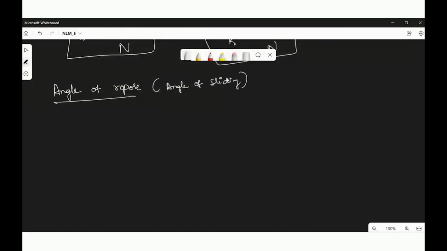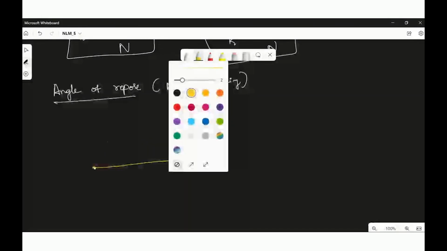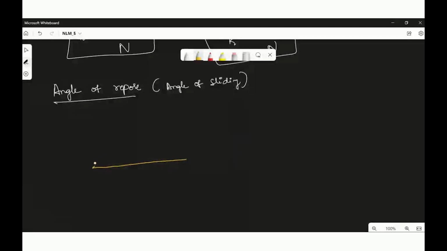What is this angle of sliding or angle of repose? Let us say we have an inclined plane. This was developed with many sets of experiments, and Galileo's contribution is also there; he performed many experiments on inclined planes. So the discussion goes like this.